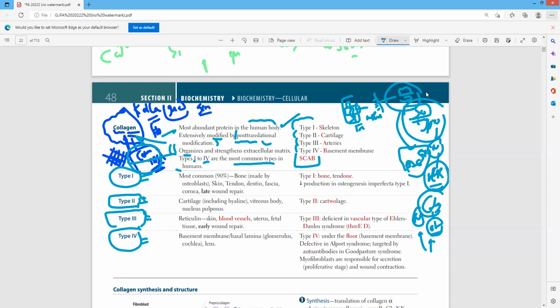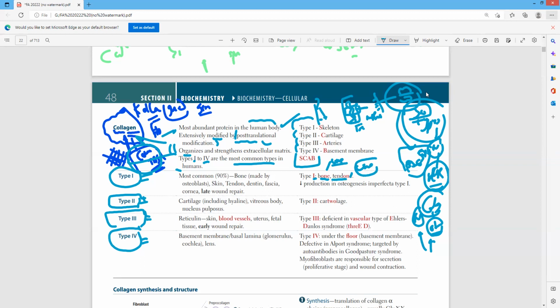Type 1 will be found in the skeleton. You will find that in the bone. To remember, 1 is bone, and 1 is O-N-E. And you will also find it in the tendon, not that E, but we put it for the mnemonic, tendon.